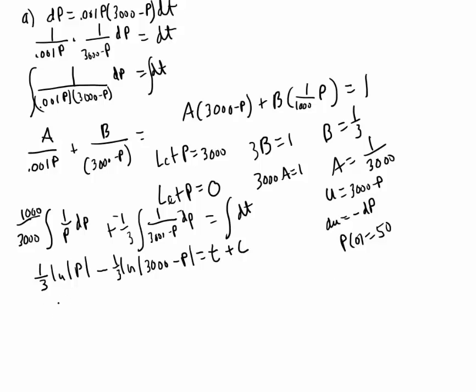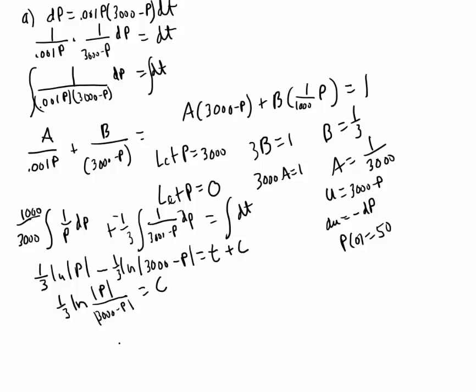Let's go ahead and condense this down. So I can factor out the 1/3. Using my log rules, I can write these two ln's as 1 ln, and then this will be absolute value of p on the top, and then minus becomes division of 3,000 minus p on the bottom. And then again, t is going to be 0, so that's just going to be my c value.